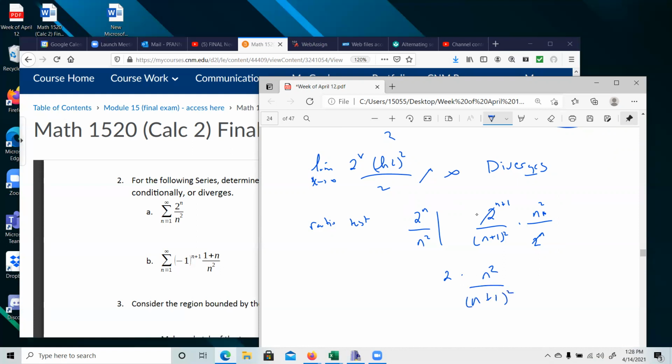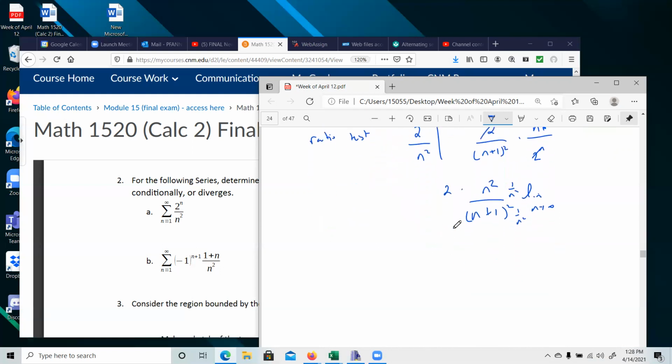As I'm taking my limit as n goes to infinity, we're going to multiply by 1 over n squared, 1 over n squared. So we have 2 times n squared over n squared, which is 1.